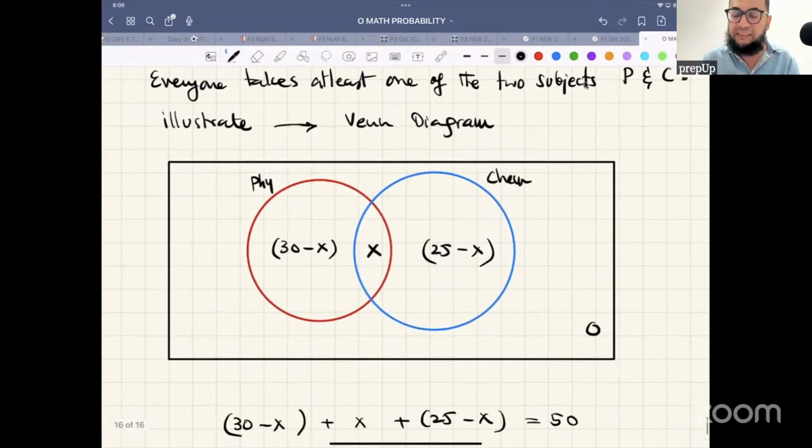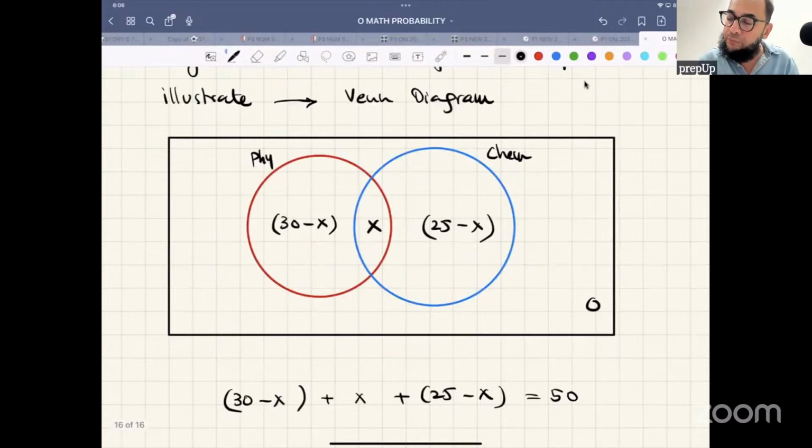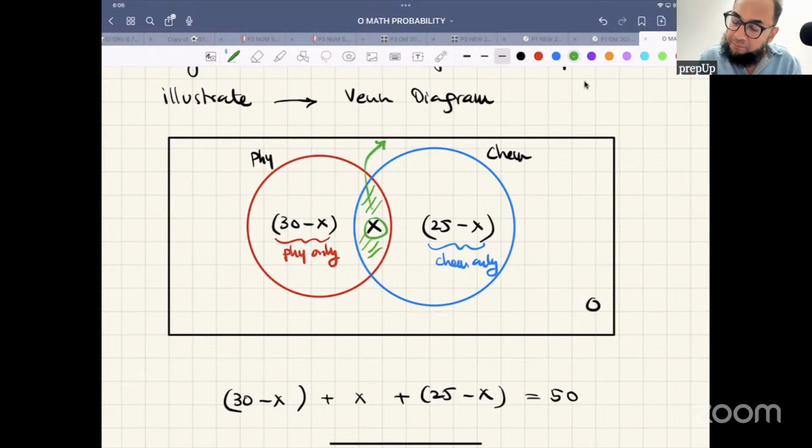Does it make sense? This one is physics only. They are not taking chemistry. These people are chem only. These people over here, this is both physics and chemistry.